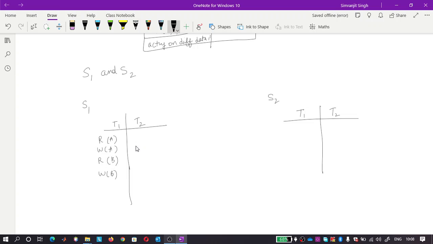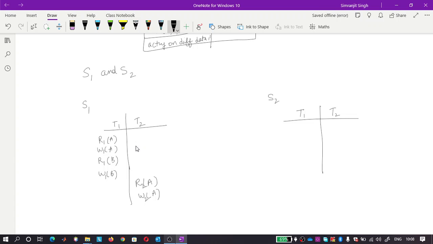Now we are moving towards another transaction, R of A, W of A. Just to be clear, I'm writing 1 in the subscript for T1 and 2 for T2, because it's a part of transaction T2, so that I don't get confused between these two when I write the conflicts.